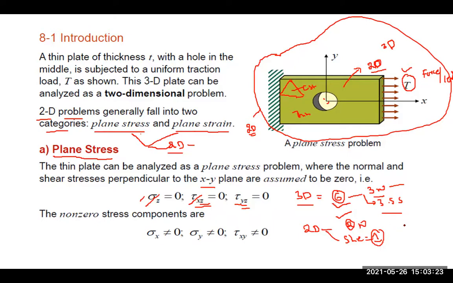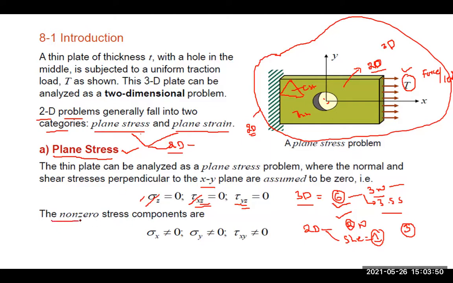The total stresses present in two-dimensional plane stress would be 3 only. This is very, very important. Why? Because the third-direction normal and shear stresses become 0 when you assume it as a two-dimensional member and execute the plane stress condition.